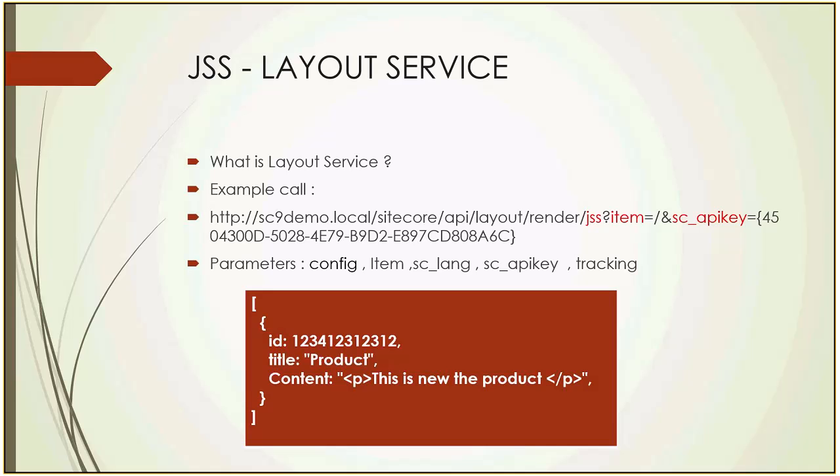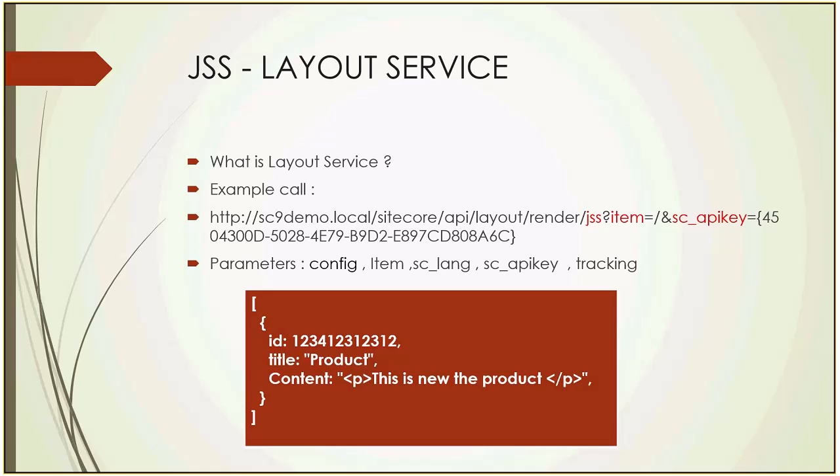This call has some important parameters, like the parameters that you see there, like the config parameter in green. In the config parameter, you have the name of the layout service configuration that JSS uses.